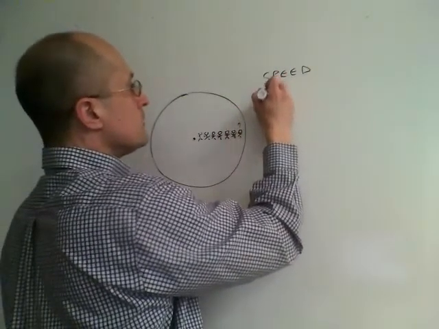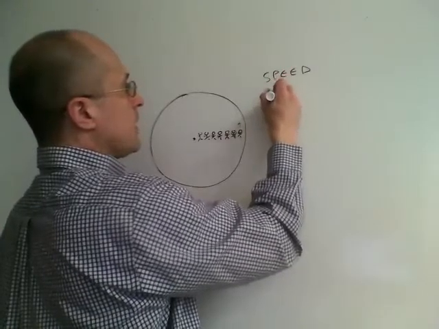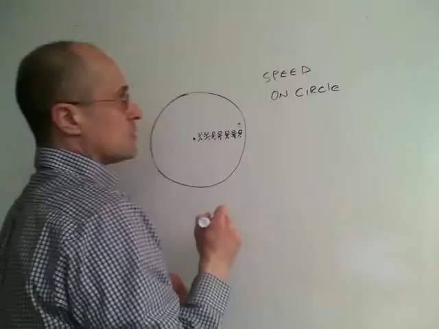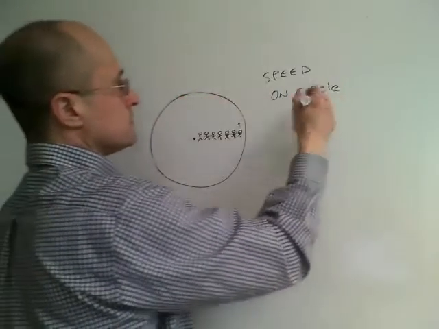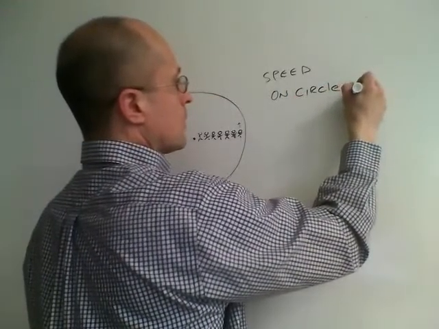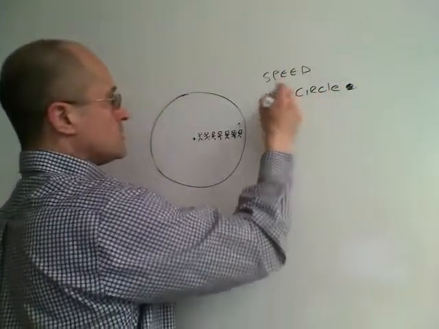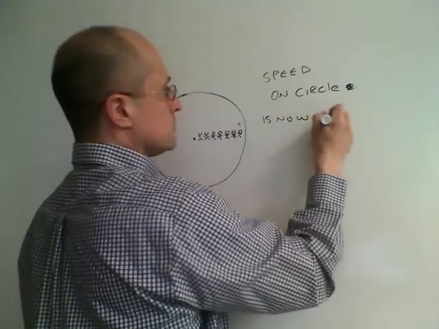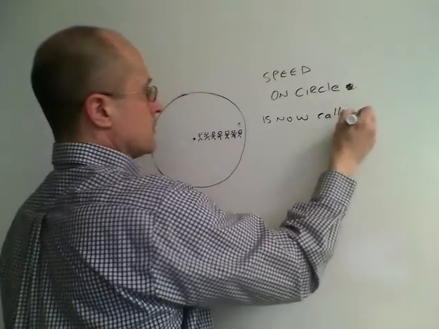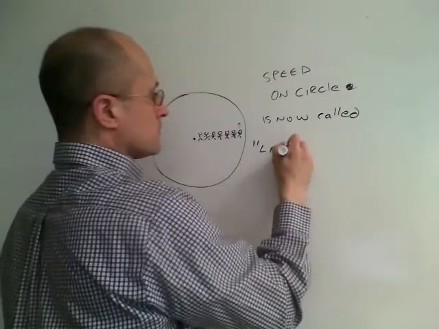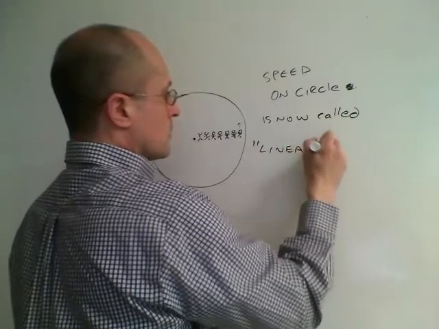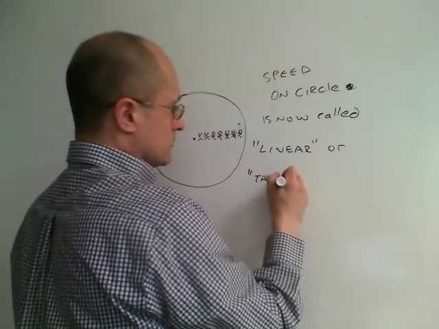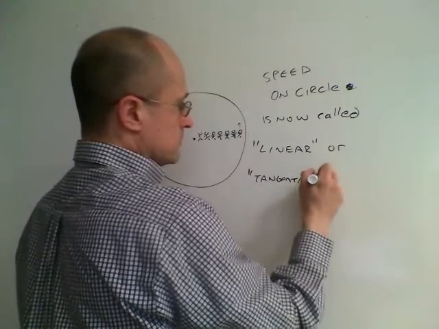But when we run speed on a circle or a curved object, speed on a circle is now going to be called linear or tangential speed.